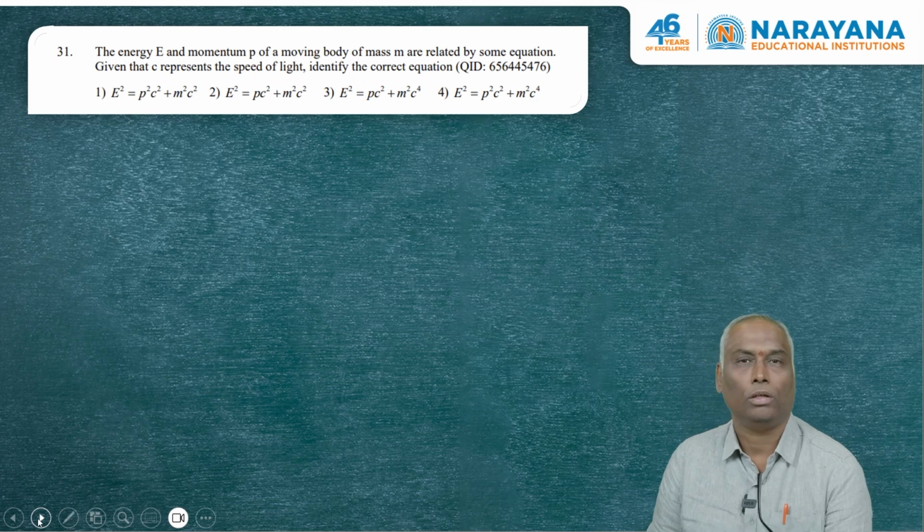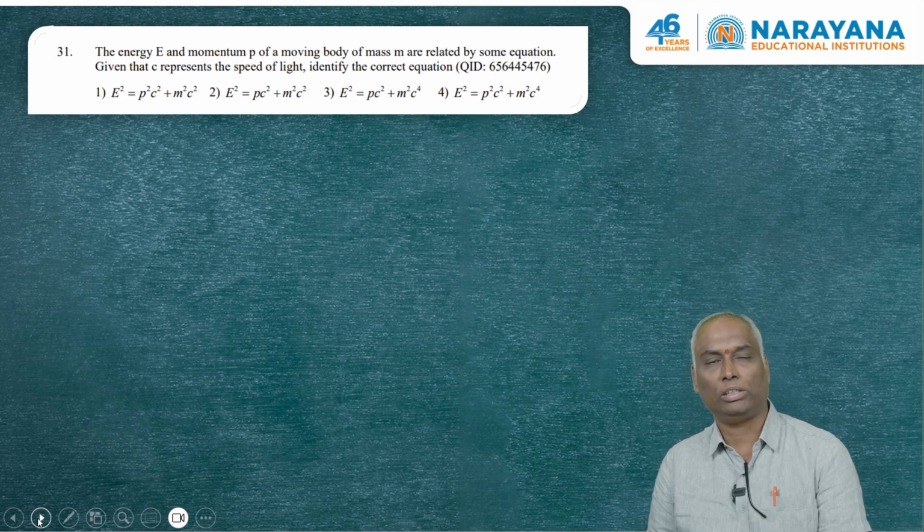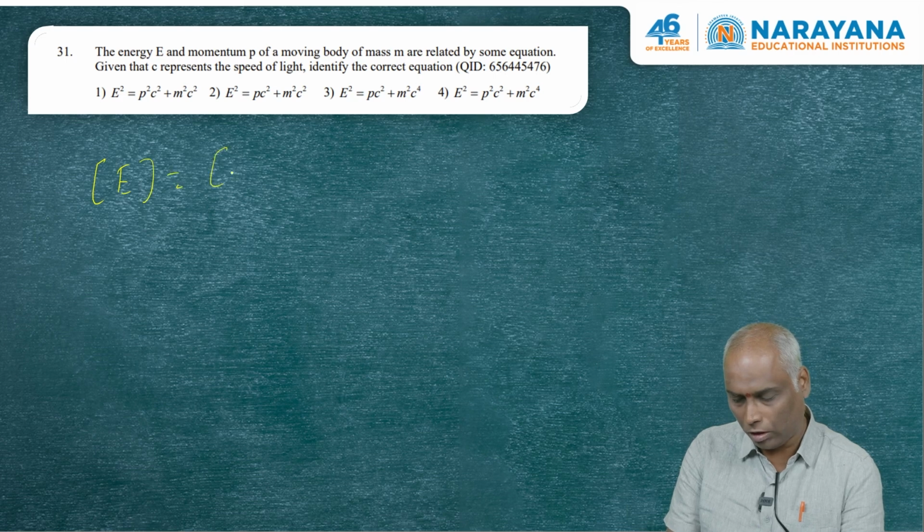Question number 31. The energy E and momentum P of a moving body of mass m are related by some equation. Given that c represents the speed of light, identify the correct equation. If you look at this equation, it involves mainly three terms: E, energy; P, momentum, along with c, which is nothing but the speed of light; and mass and speed of light. So we have to understand that the dimensional formula of energy and the dimensional formula of momentum into speed of light is equal to the dimensional formula of mc square.